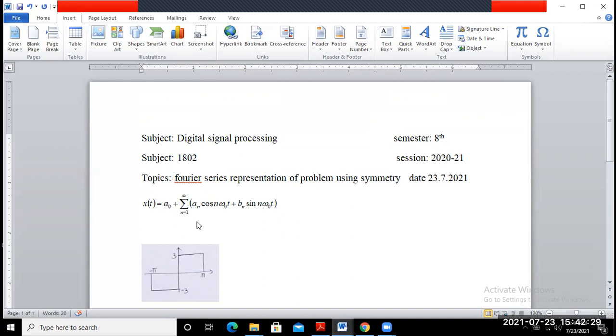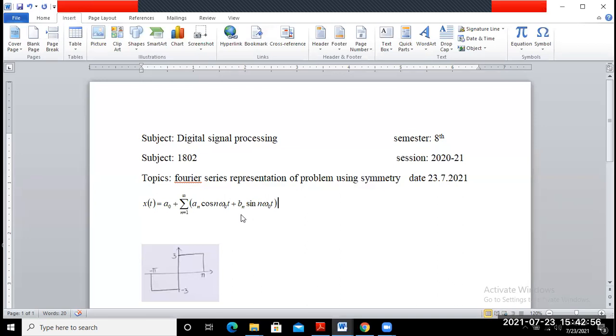If you use the symmetry condition on any waveform, then you are able to reduce the laborious calculation, where we do not require solving the coefficients a0, an and bn.